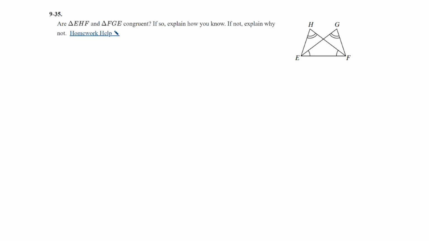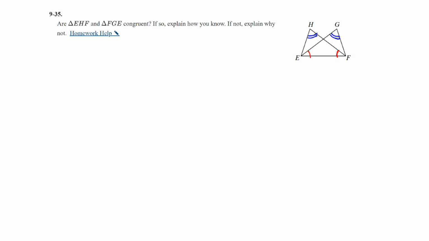Question 35. Are triangle EHF and FGE congruent? If so, explain how you know. If not, explain why not. I feel like we've done this problem a couple of times now. We have H is congruent to G. We also have that angle GEF is congruent to HFE.